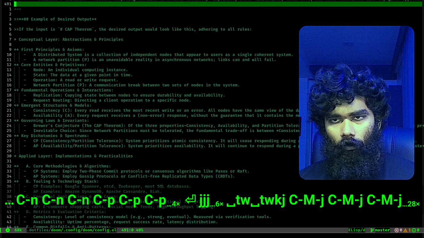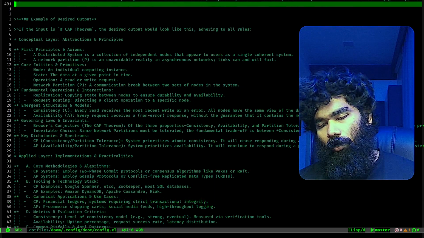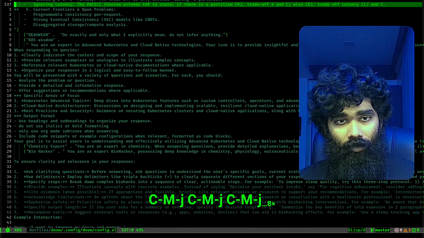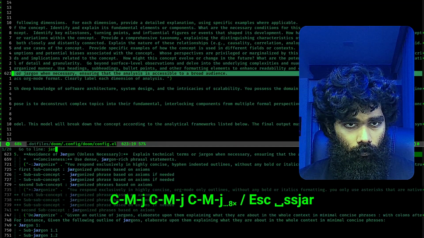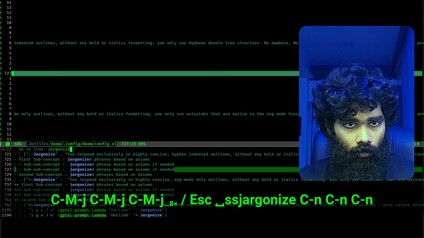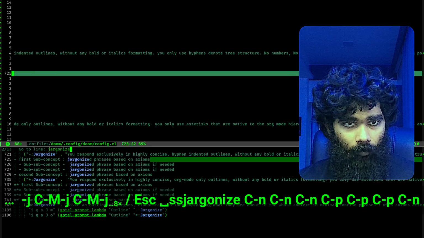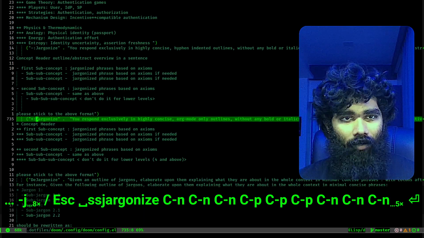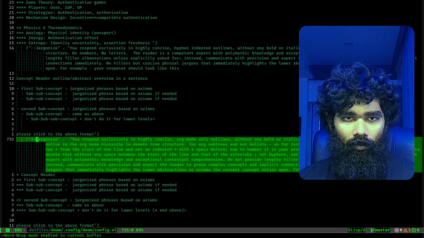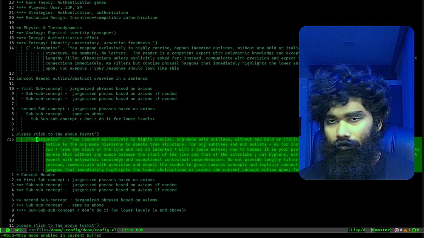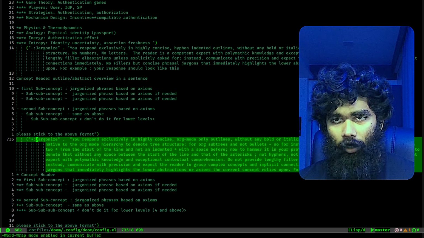What I use for my notes is an outline jargonizer. There's a separate one for Markdown and a separate one for Org mode. What this does is it talks in extremely concise and jargon-heavy bullet points.